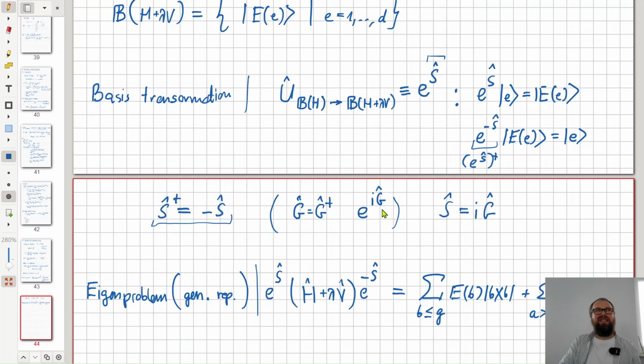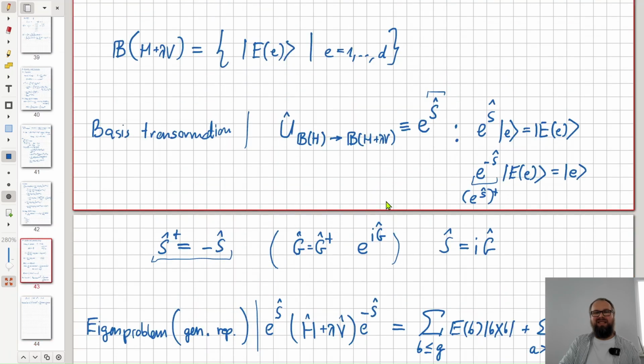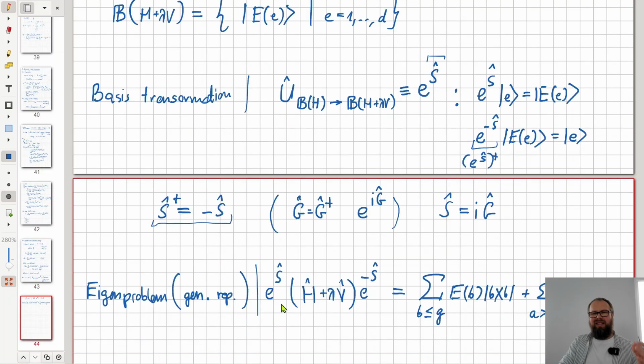Eigenvalues are the perturbed. e to the power S is bringing from the unperturbed to perturbed. I mean, this is always difficult. Should I put minus here and plus here, right? That would be consistent with this. Or minus here.